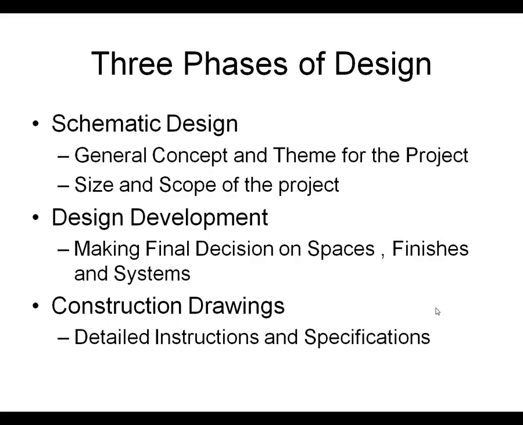The second phase, design development, is really about refining your ideas and choosing finishes and doing all the fine design work to make things look especially nice. The third phase is construction drawings or blueprints, and that really is the phase where specific instructions are created for people so that the construction workers and project management team can create the design that's desired.